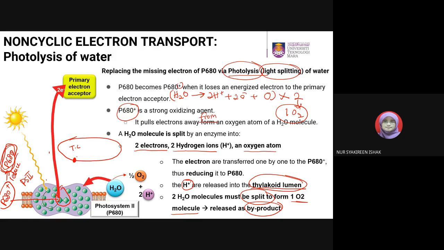Alright, so the splitting of water dia akan berlaku kat dalam thylakoid dan menyebabkan hydrogen ion ni accumulates in the thylakoid lumen. Okay, and causes hydrogen ion concentration in the thylakoid lumen to be high, due to the splitting of water molecule.